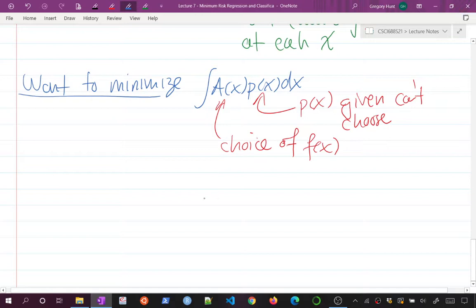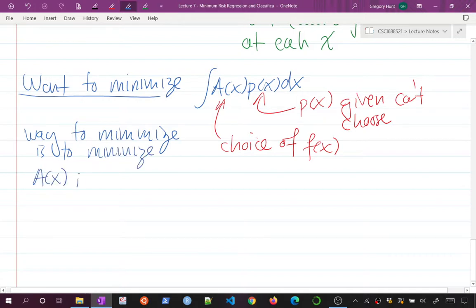And so you could imagine that the way to minimize this, so this is the punchline, is to minimize a of x independently at each possible x, right? We want to minimize an integral, right?